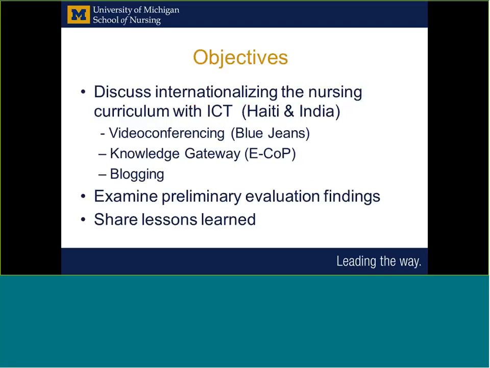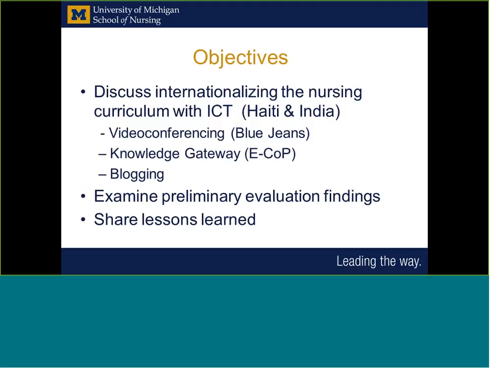So today the objectives are to discuss how we have internationalized our community health nursing curriculum using technology, and specifically talking about our global partners in Haiti and in India.